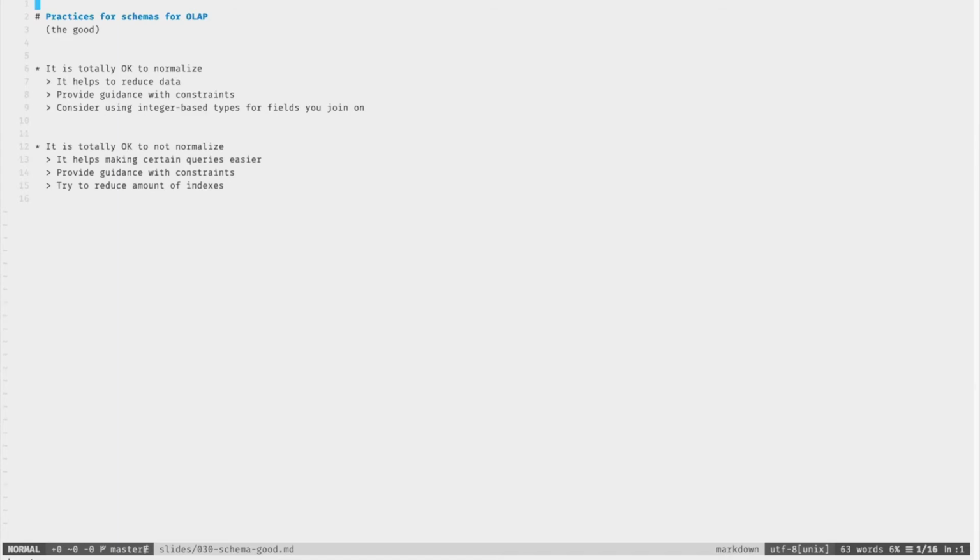So this is okay, typically not such a big problem for Postgres. And again, if you're using extensions which make reading from disk faster, then this is especially no problem. However, you also here want to have some guidance of constraints, meaning if you have columns which clearly have unique values, then mark those as unique.